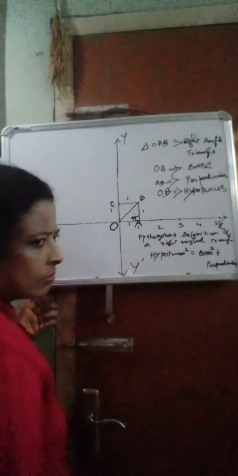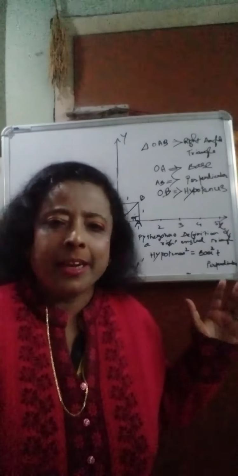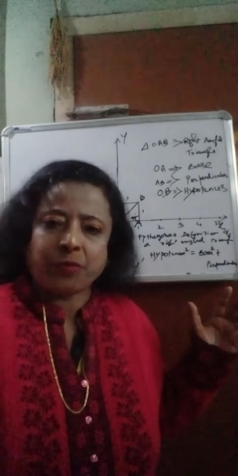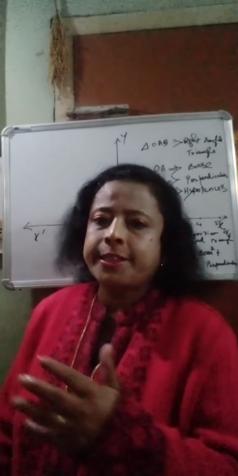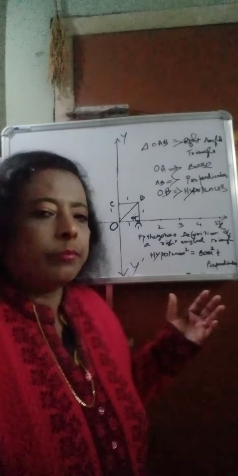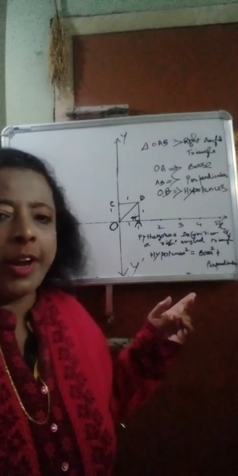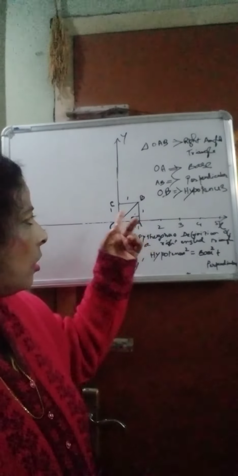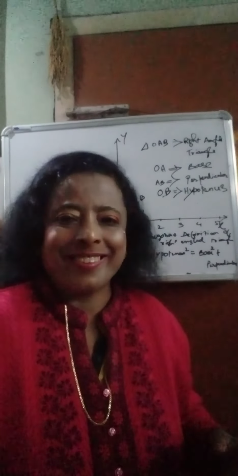It is a formula for a right angle triangle, the Pythagoras formula. That means, according to the Pythagoras theorem, in a right angle triangle, the hypotenuse square is equal to perpendicular square plus base square.